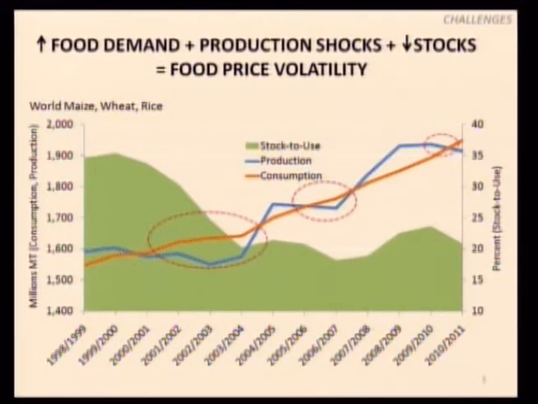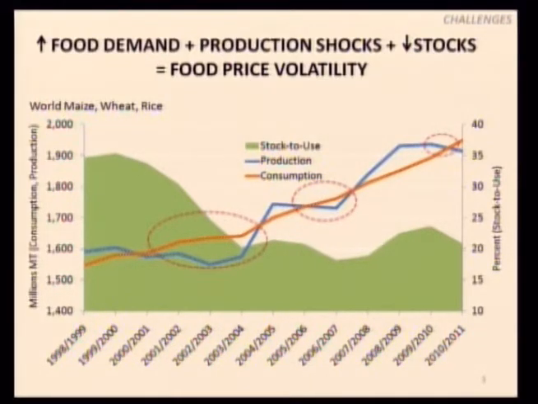First, this may be quite simplistic, but it's quite illustrative. Just looking at three elements, what you see from the late 1990s is a gradual but continual increase in food consumption. That's the orange line. You see volatile production, and you see a decline in the stocks significantly in the early 2000s, and then production volatility matched by stock volatility.